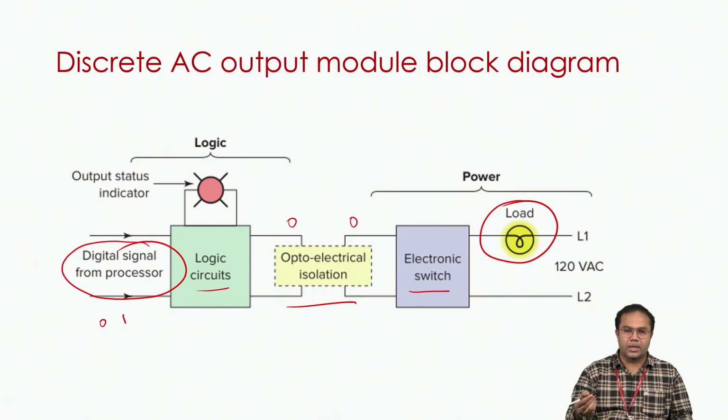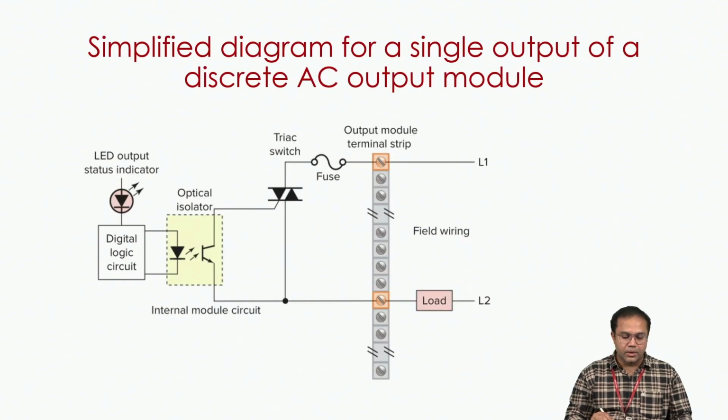We can connect a relay, or whatever mechanism is required across the output. By using that, we can connect a load and make the load turn on or off, so we can bring this voltage as per our requirement. Now again we will see a simplified diagram for a single output of a discrete AC module.